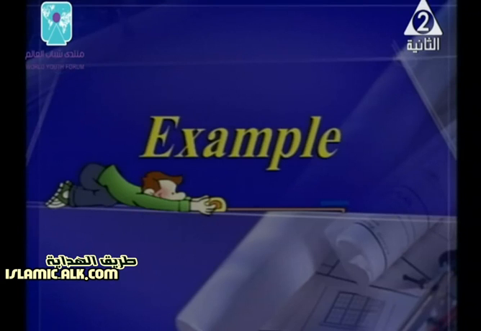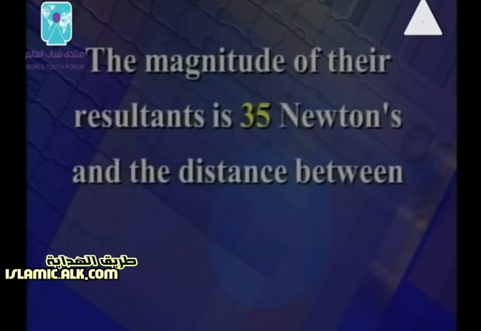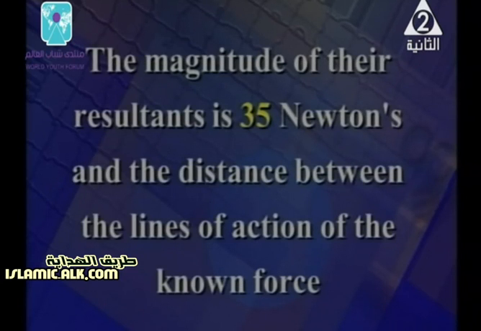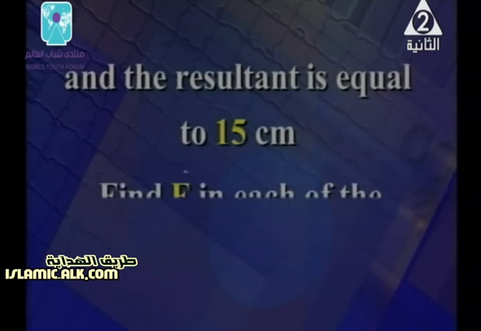Look at an important example. Two parallel forces of magnitude 20 and F Newton act at two points A and B. The magnitude of the resultant is 35 Newton, and the distance between the lines of action of the known force and the resultant is 15 centimeters.